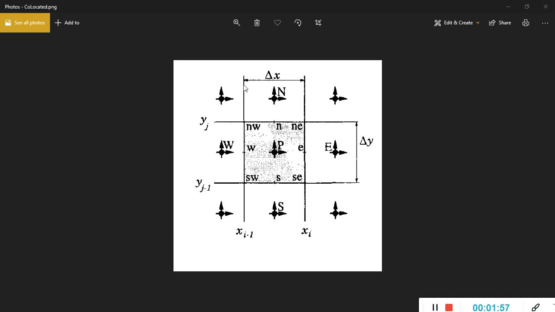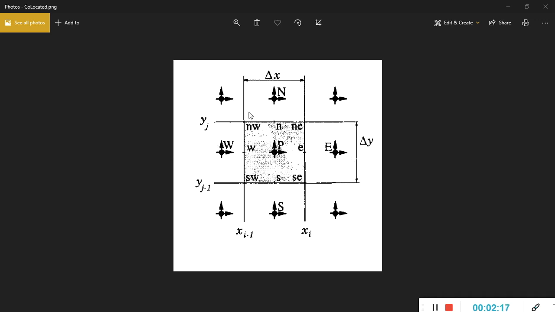So this spacing can be referred to as delta x of the grid, and the spacing from south to north can be referred to as the delta y of the grid. Okay, so this is the co-located control volume for an internal cell.